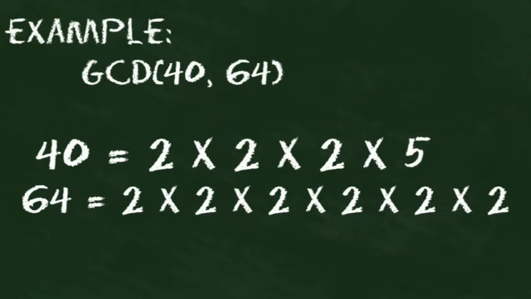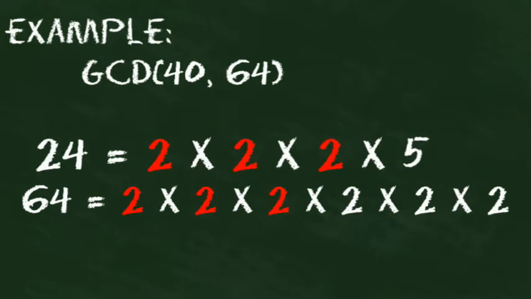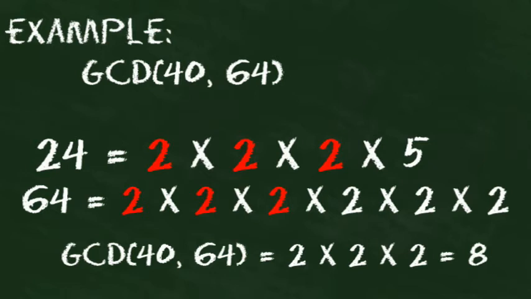Now that we have the prime factors of 40 and 64, we need to find the common prime factors. They are 2, 2, and 2. The greatest common divisor of 40 and 64 is the product of these common prime factors, which is 2 times 2 times 2 is equal to 8.